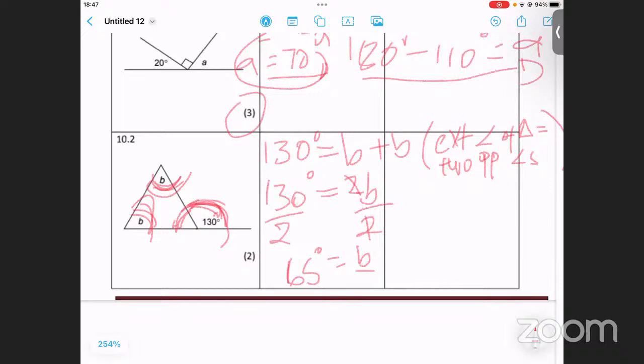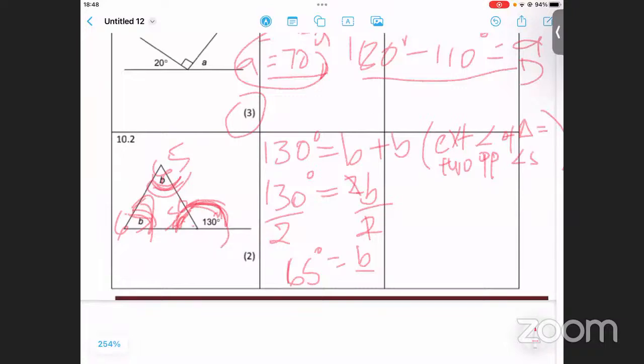Cool. So whatever you get here, 180 minus that. If you substitute your 65 here, 65 and 65, let me check, 180 minus that, I think it's 50. Yeah, it's 50. So you say 50 plus 65 plus 65.